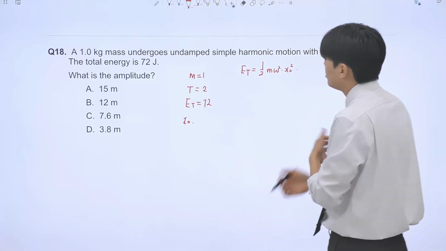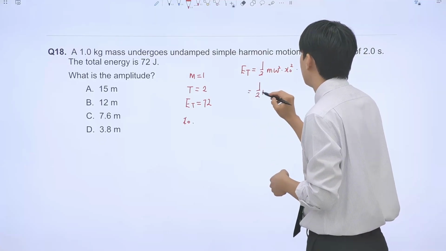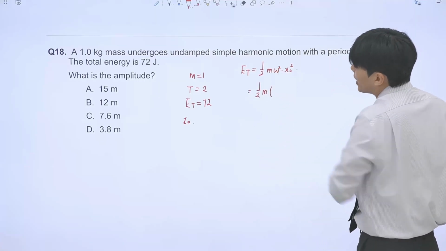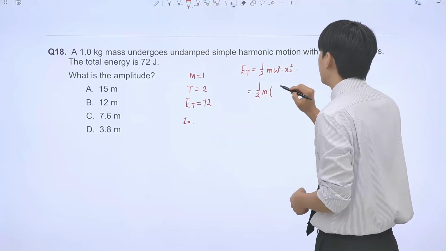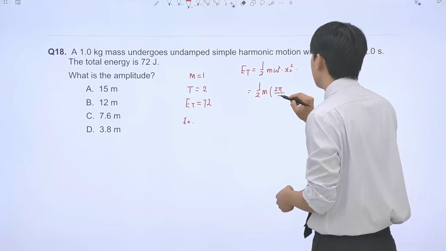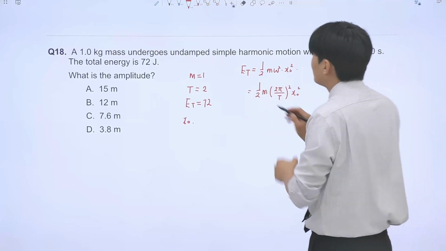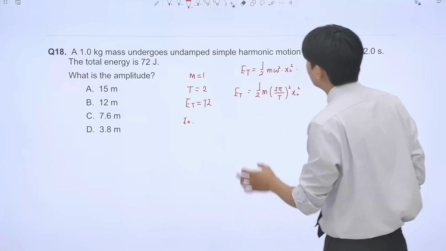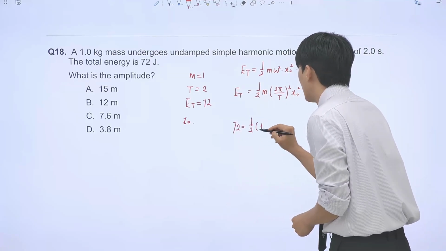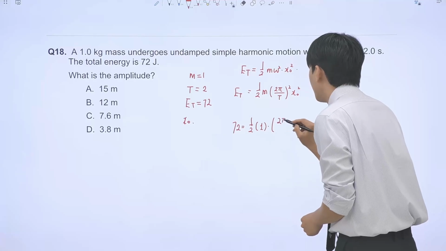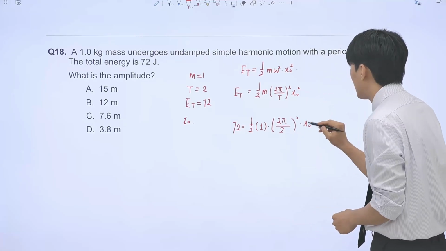But before we go into the numbers, let's change this equation a little because we don't know the omega yet. However, we do know the period here. So omega equals 2 pi over period T, right? So that's squared times x0 squared. Now let's put in all the numbers. Total energy 72 equals half times mass, that's 1 kilogram, times 2 pi over period, the period is 2 seconds, squared, times x0 squared, the amplitude squared.